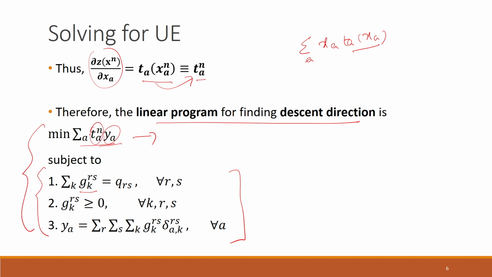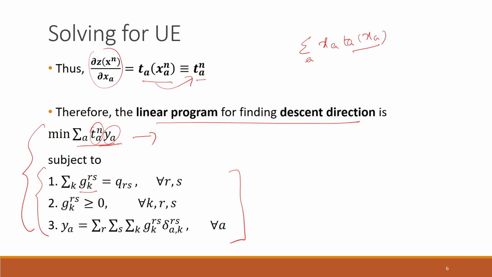So the travel time on a link is fixed, given by t_a^n, okay. Now when you have the travel time on all the links fixed and you are trying to minimize this total system travel time subject to these constraints, how do you get the solution of this?